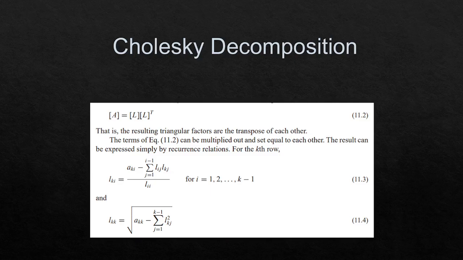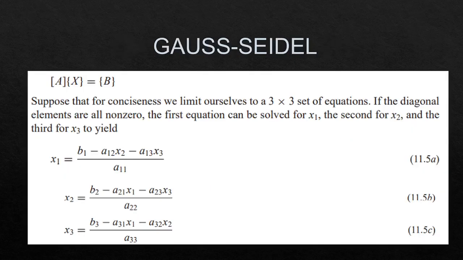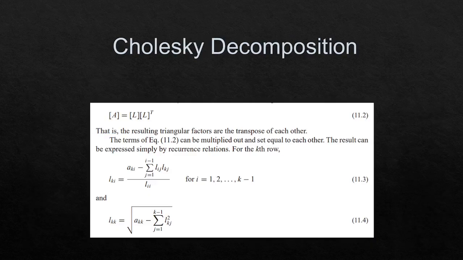The result can be expressed simply by recurrence relations for the kth row. So we have an equivalent equation to find the value of L sub ki, and also for L sub kk, which are equations 11.3 and 11.4. So much for that.